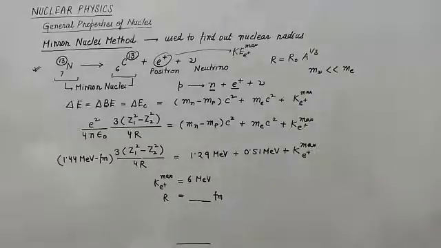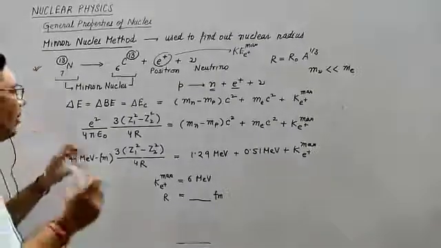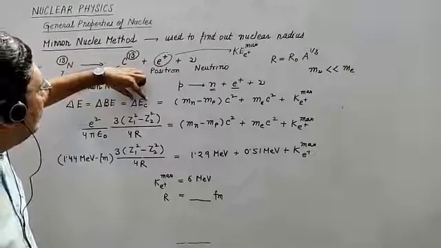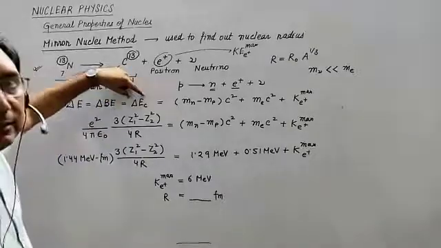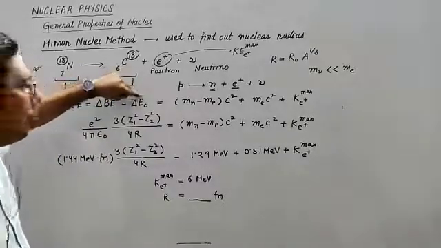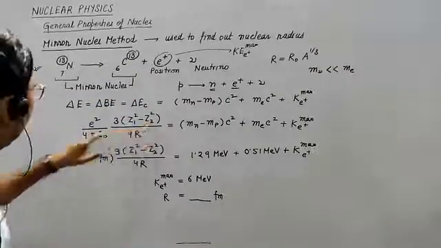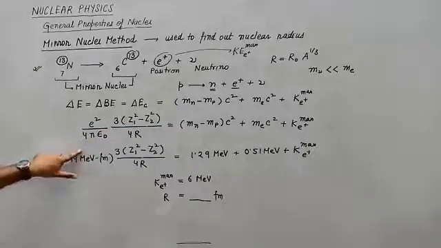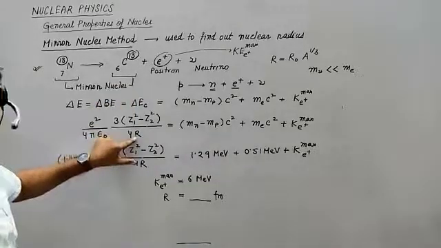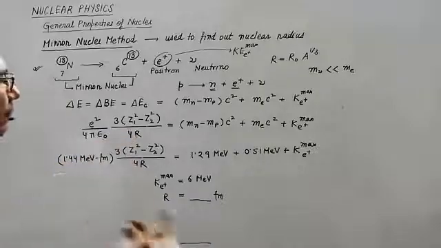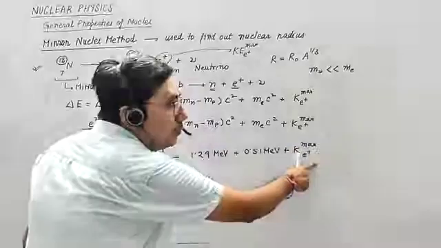This is a very important method from the exam point of view. Two types of questions can be there. In one type, they will give you a set of mirror nuclei and provide you the change in Coulomb energy, so delta EC is provided, and Z1 and Z2 will be provided. e square upon 4 pi epsilon naught is 1.44 MeV Fermi, so by equating these terms we can find the value of R. In the second type of numerical, they will provide you the maximum kinetic energy of the positron.